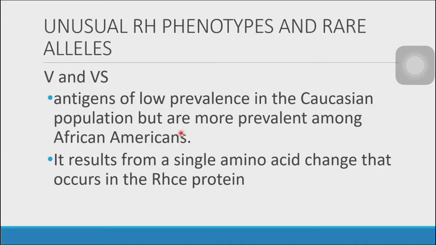It results from a single amino acid change that occurs in the Rh small c small e protein. So yung kanina, si CW, Rh big C small e. Si V and VS, Rh small c small e protein.